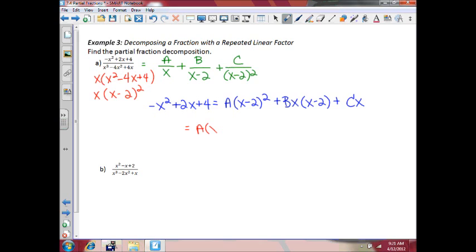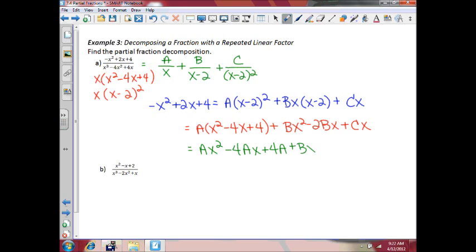We'll have A times x squared minus 4x plus 4 plus Bx squared minus 2Bx plus Cx. Simplifying a little bit further and distributing the A in, we'll have Ax squared minus 4Ax plus 4A plus Bx squared minus 2Bx plus Cx.